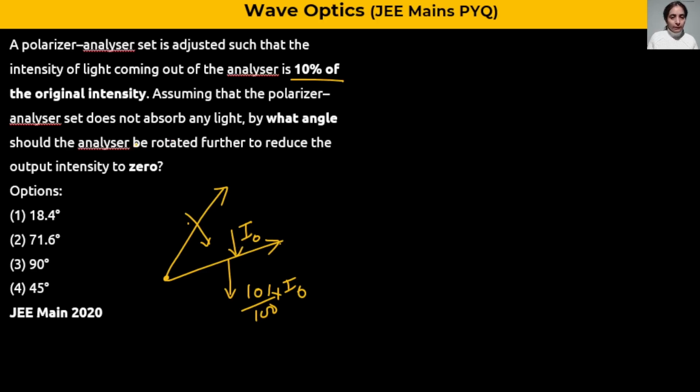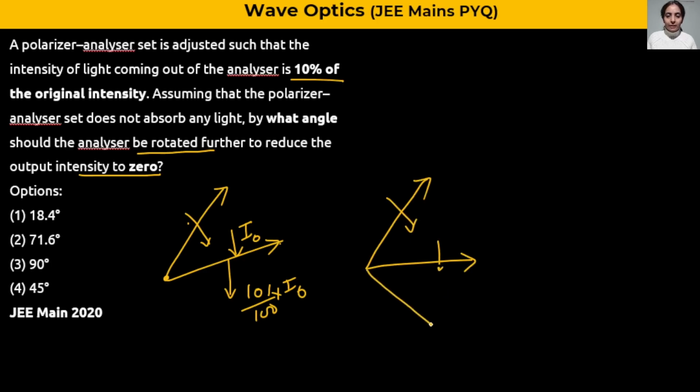And then what else, by what angle should the analyzer be rotated further to reduce the output intensity to zero? सो आउटपुट इंटेंसिटी को जीरो करना है. अब देखो इनिशियली ये ऐसे रखा हुआ है, यहाँ से जो भी लाइट आया that is passing through it and certain intensity you are getting. अगर आपको जीरो इंटेंसिटी लेना है तो सेकंड को आप रोटेट करके कुछ ऐसे पहुंचाओगे such that this angle is 90. If this angle is 90, then whatever intensity of light is passing through first one, that I have called as I naught.